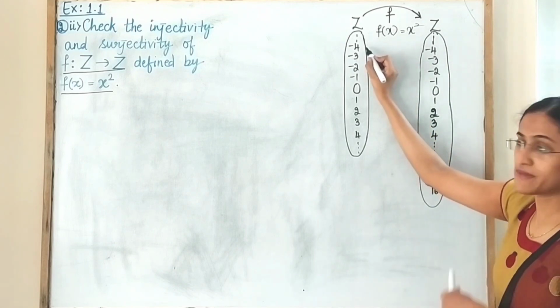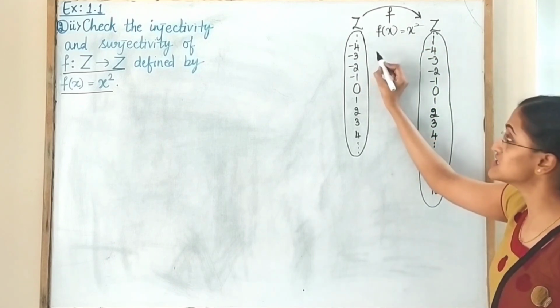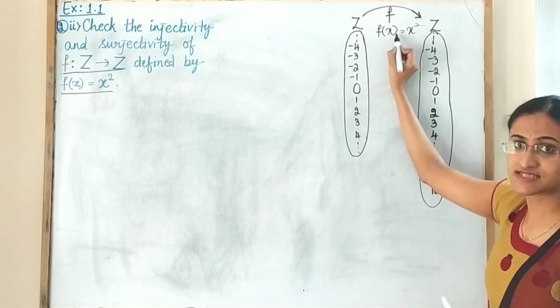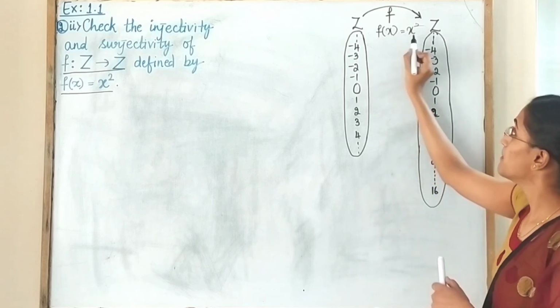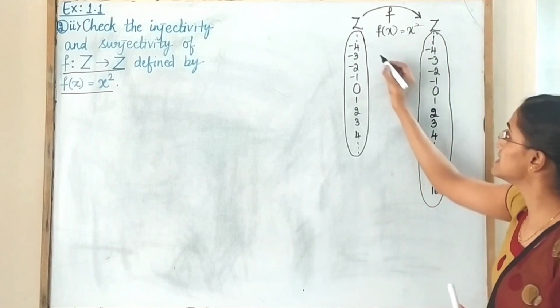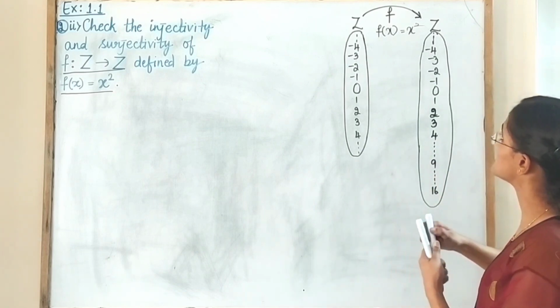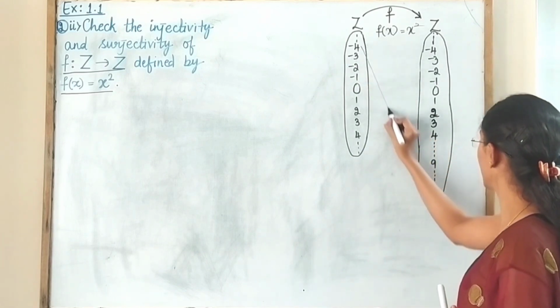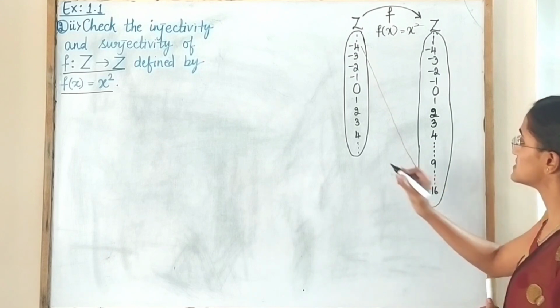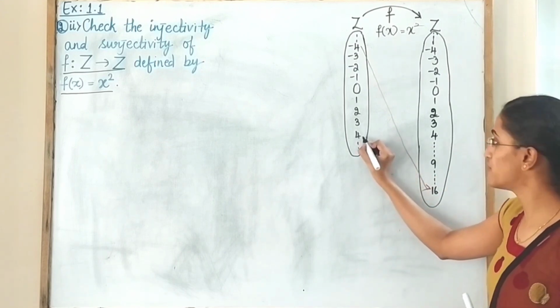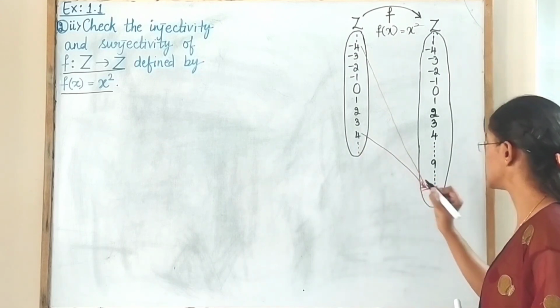Now, if I am going on mapping the elements according to the definition, minus 4 in the place of x, f of minus 4 will be minus 4 the whole square, which leads us to plus 16, right? Minus 4 whole square gives us plus 16. Even if you are squaring up 4, even then you get plus 16.